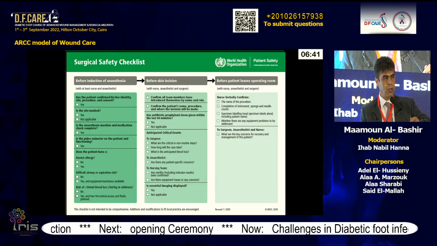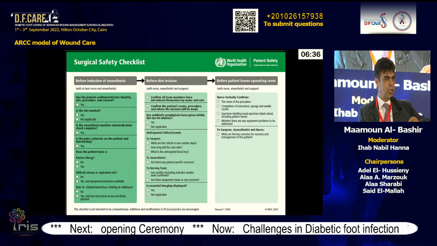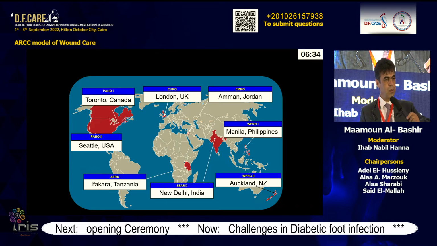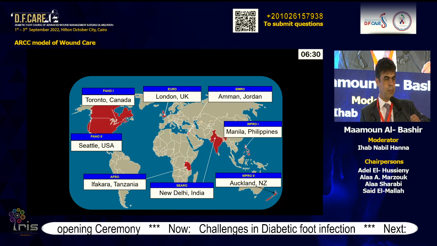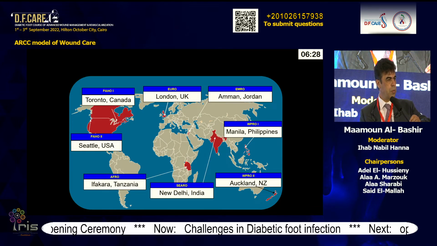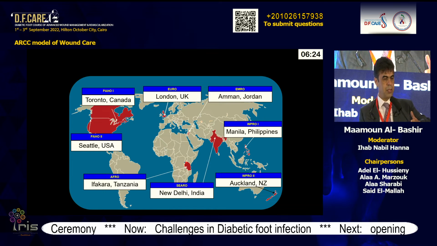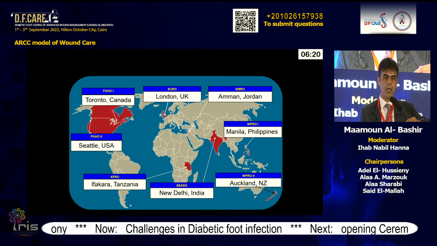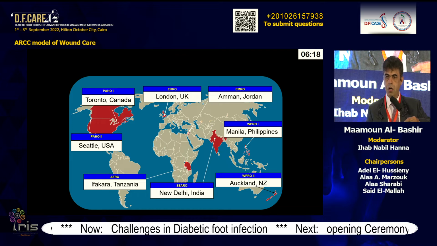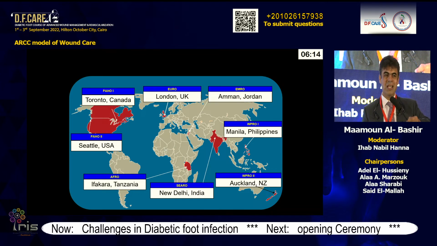The best known surgical checklist is the Surgical Safety Checklist. Jordan was one of the 8 countries which participated in this trial sponsored by the World Health Organization, and they came up with impressive results: if you use a simple checklist in theaters, in the ORs, then you can reduce morbidity and mortality in most settings.